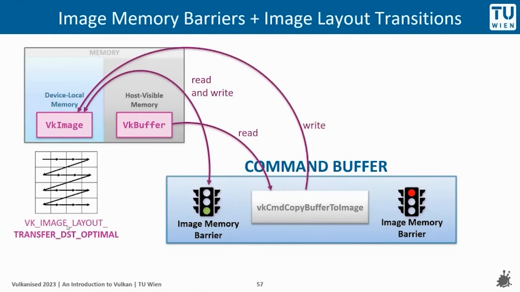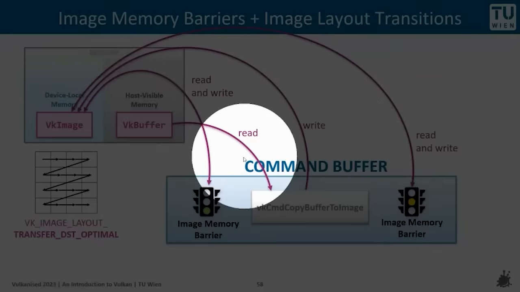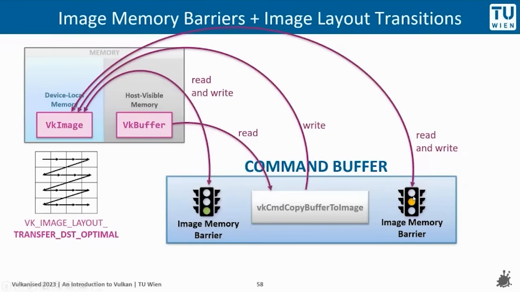After that command is done, we have another image memory barrier, which is again a read and write operation. Right in the middle of that barrier, the layout transition happens. Because we want to use that image as a read-only image during rendering, it is transitioned into the optimal layout for read-only operations, and then the barrier finishes. This is exactly the situation we are going to implement during part 4.